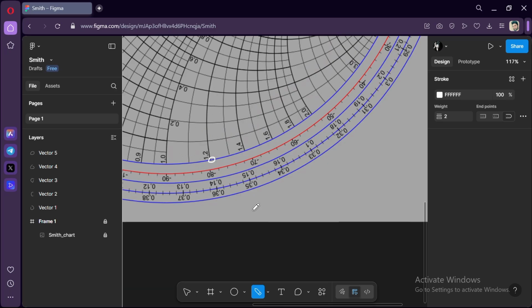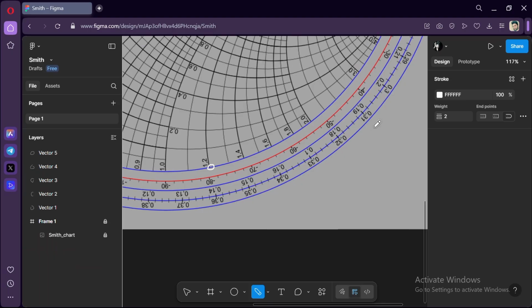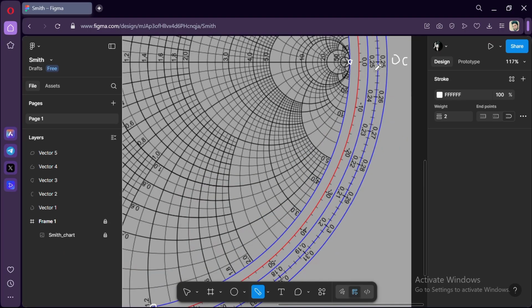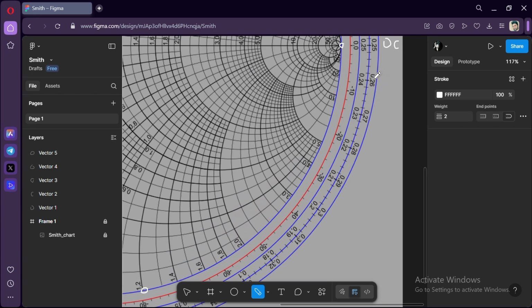The normalized open circuit is here. Now we just need to find this distance in lambda.